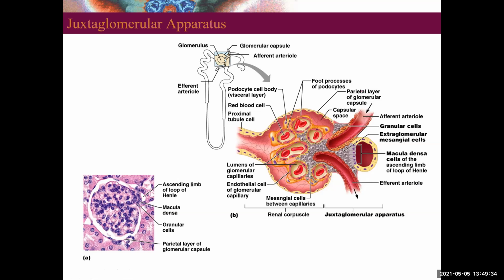In the afferent arteriole wall, there are cells called granular cells. When there is a high volume of blood and more pressure here, these cells produce renin. And renin then helps in increased secretion of the hormone aldosterone, which increases water and salt and increases your blood pressure.